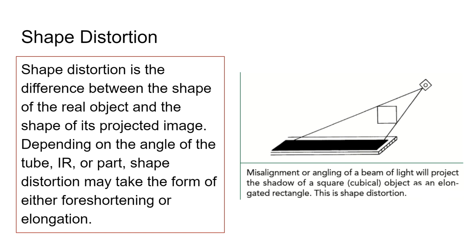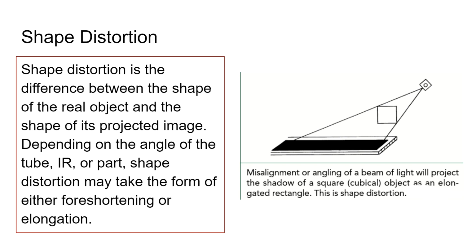By the way, stepping back for a second, in magnification, all parts of the image are kind of stretched out. So magnification is uniform. Elongation happens only in one direction, right? So in terms of elongation, if you angle the tube, you get elongation.